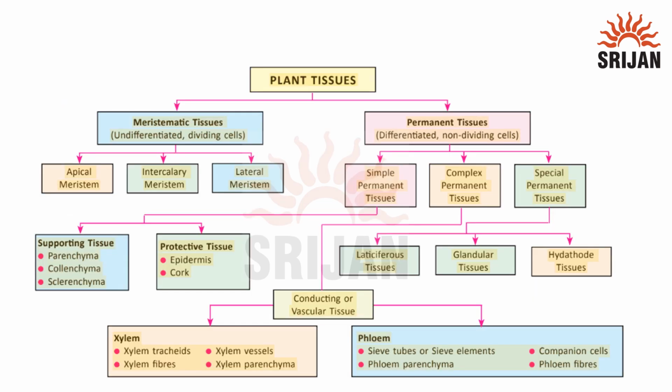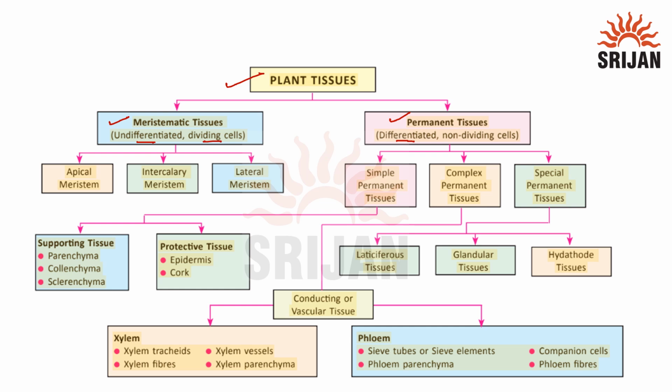Let's take a look at the flow chart of the plant tissues. We know that plant tissue has been classified into two major types, meristematic and permanent. Meristematic tissues are undifferentiated and dividing, whereas permanent tissues have lost their ability of division and become differentiated to achieve a particular function.